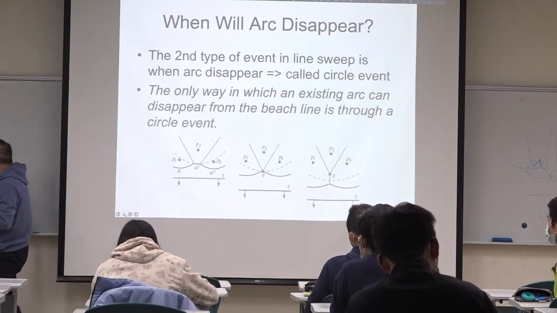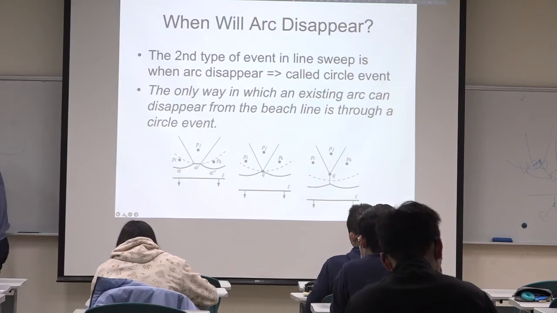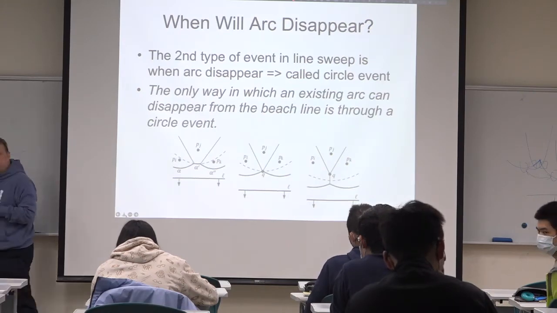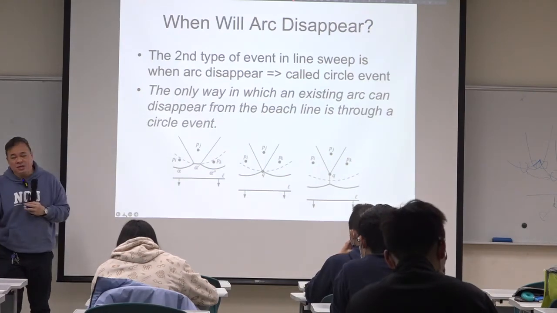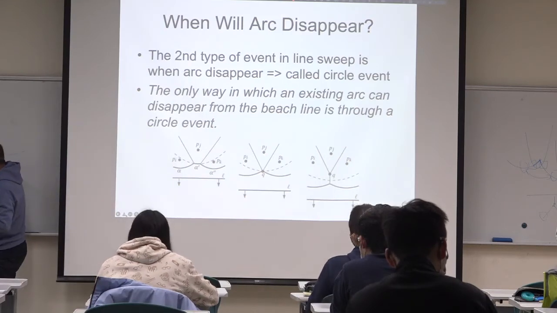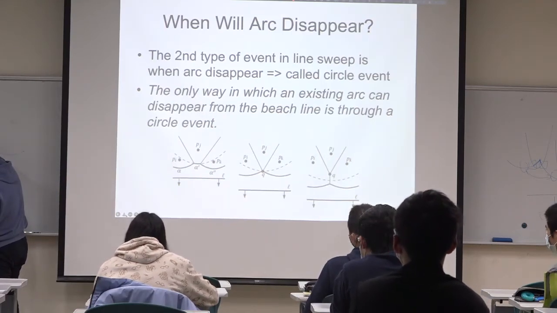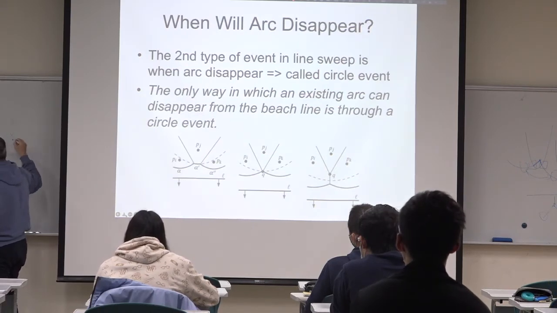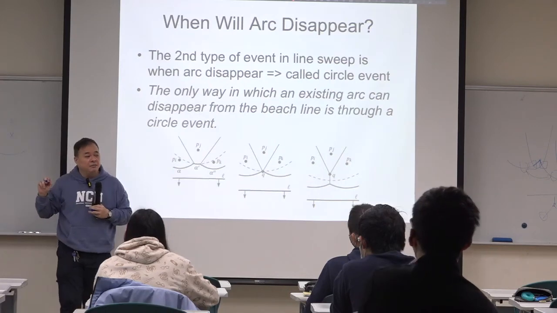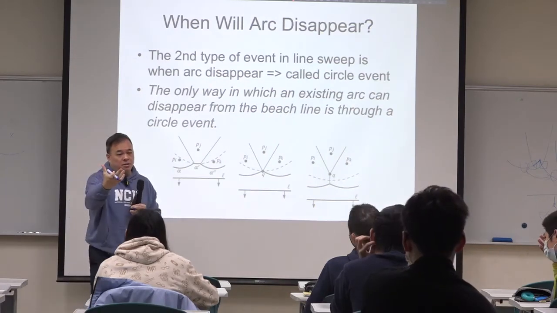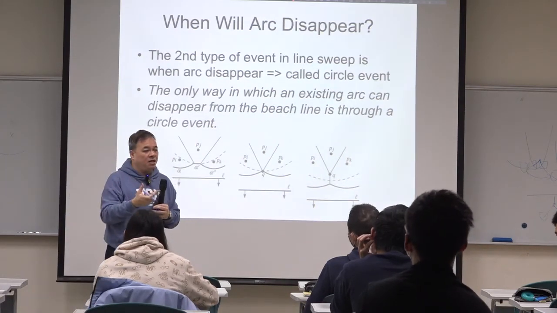Then you will try to find one circle event location for these 3 sides, and another one for these 3 sides, because every 3 of them are consecutive.